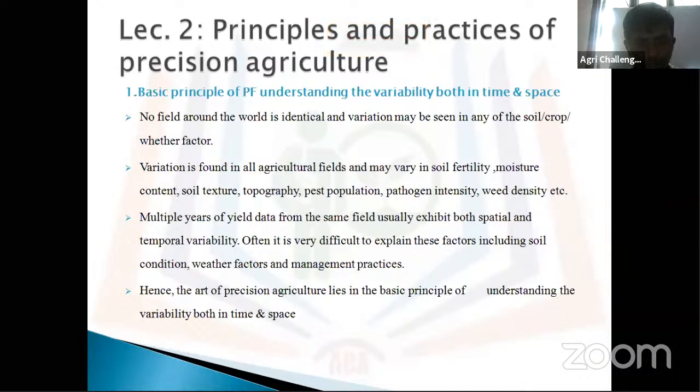Your entire field is not uniform. Your elevation and your slope are not uniform. It's not possible; there may be a possibility of variation. Then pest population within the field: in some areas there are more pests above the ETL, in some areas below the ETL.